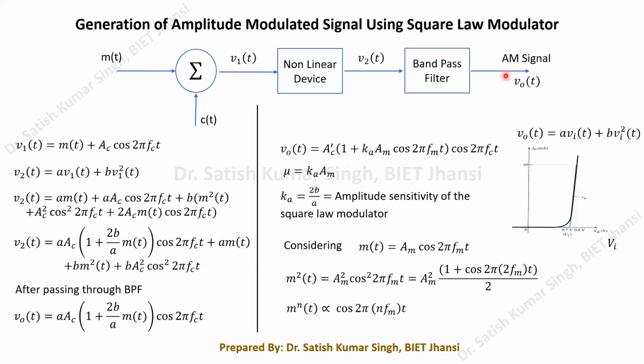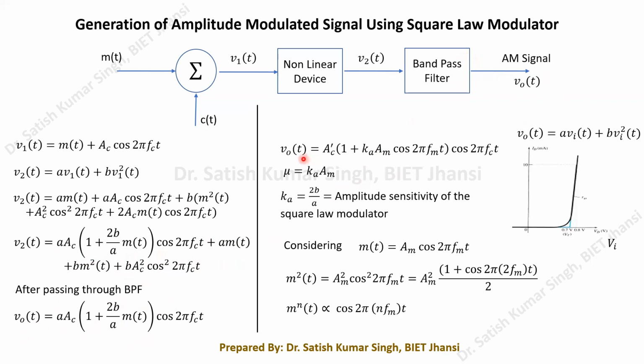So after passing through the band pass filter of a certain pass band, we are going to reject all other components, and we'll just retain this particular component. So after passing through the band pass filter, we are going to get v output(t), that will be a a c 1 plus 2b upon a m(t) cos 2 pi fct.